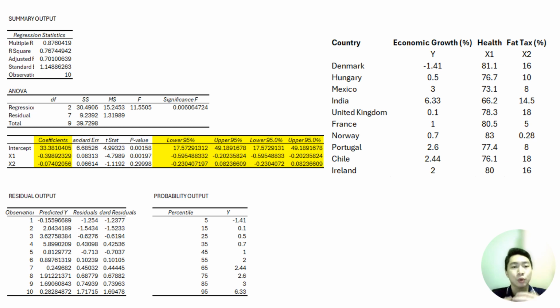With the coefficient on the x1 and x2 variables, the coefficient is negative at a 95% confidence level. The coefficient can be seen on the left hand side of the boxes highlighted in yellow, as the figure is negative.